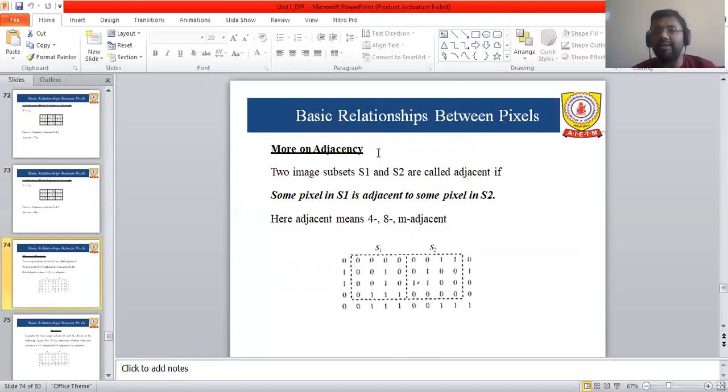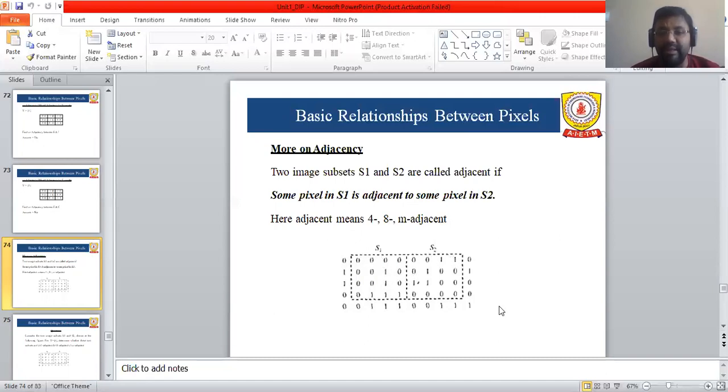Now, more on adjacency. Two image subsets S1 and S2 are called adjacent if some pixels in S1 are adjacent to some pixels in S2. So adjacency here means, as we saw, the 4 adjacency matrix, the 8 adjacency matrix, and m adjacency, which is the mixed adjacency matrix.